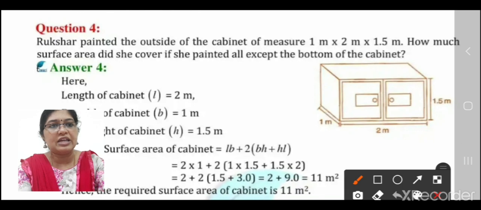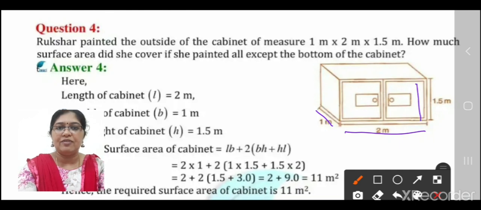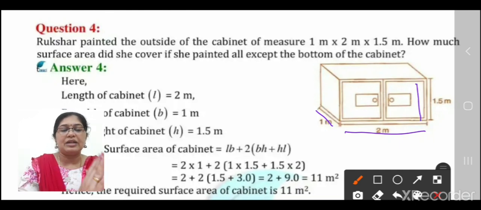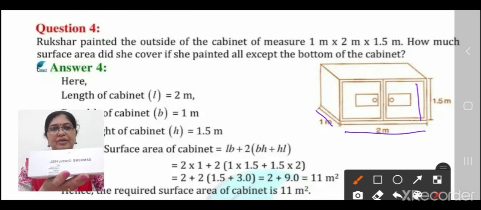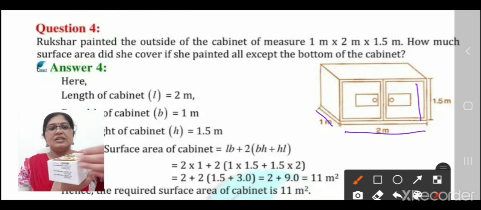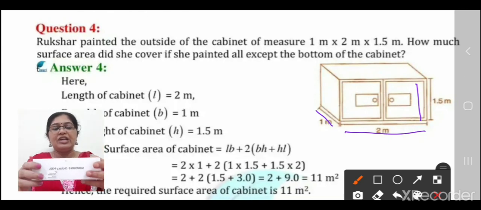It is marked here, that is 1 meter breadth, length is 2 meter and height is 1.5 meter. But the only thing is that except the bottom, she covered all the other places.